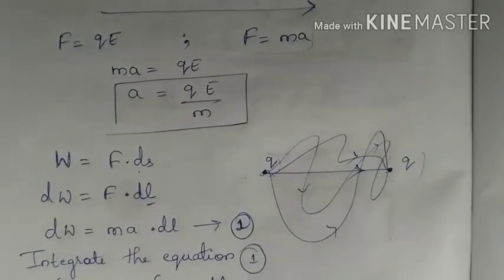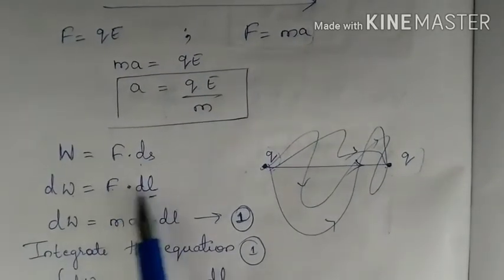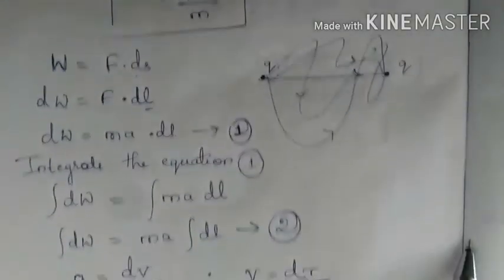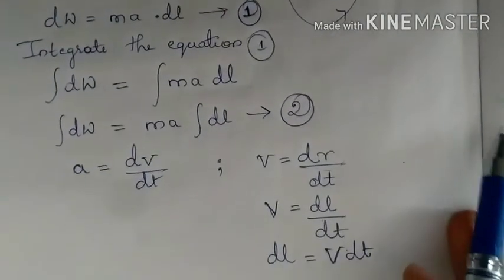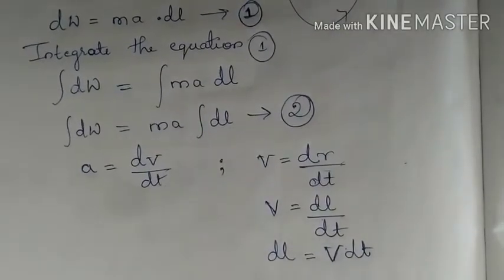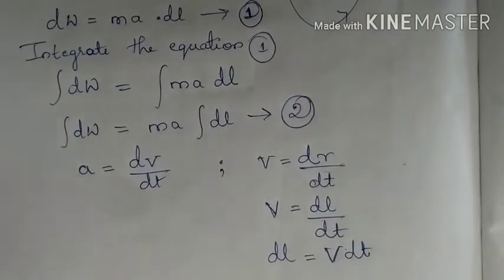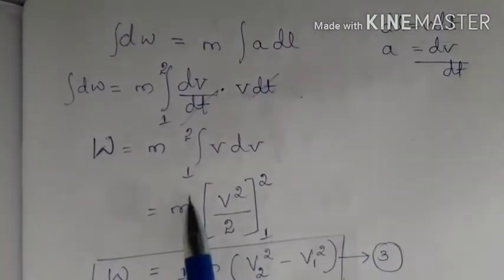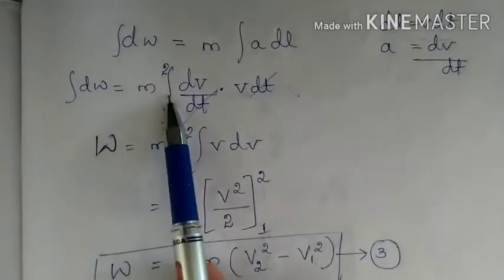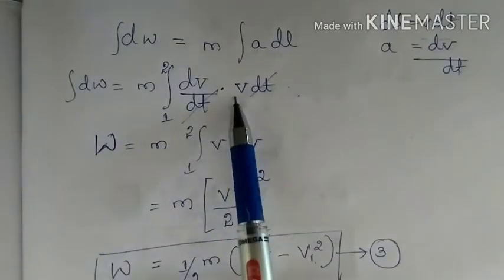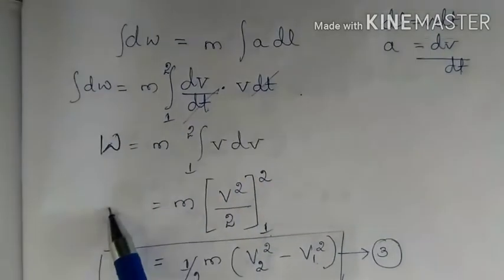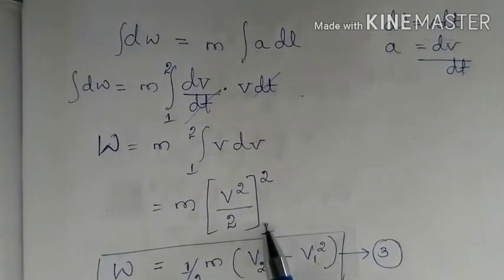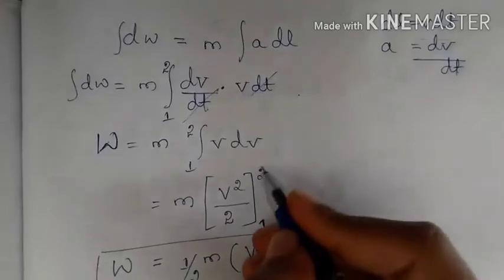Now we know that dW = F · dl. So if you integrate this term by considering a as dv/dt and dl as v dt, then we get the integration of dW as m dv/dt · v dt. So W can be written as m v^2 by 2 with the limits from 1 to 2.